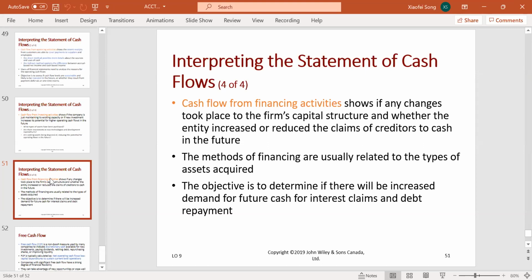So if you need cash, I will go raise cash. Whether this one has inflow or outflow is the answer to what happened in the other two sections, right? If a company generates a lot of cash, enough to cover all the investment, then you will have negative financing cash flow. Negative financing cash flow is not a bad thing at all, okay?